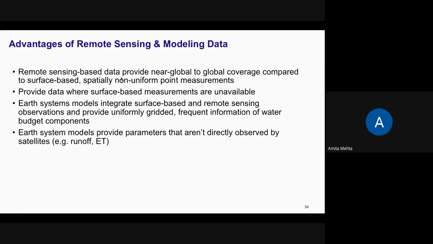So there, remote sensing and these modeling data can be used. Wherever there are surface-based measurements, they augment these data, and then you can validate nicely how satellite and model behave in your area. If you have surface-based measurements, it's easy to validate, or at least understand if there are any biases or errors in these data.